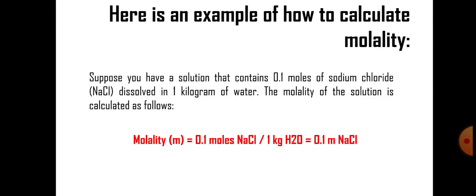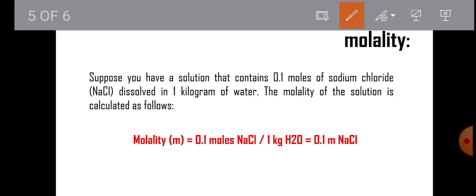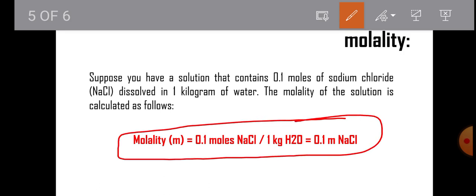Here is an example of how to calculate molality. Suppose you have a solution that contains 0.1 moles of sodium chloride dissolved in 1 kilogram of water. The molality of the solution is calculated as follows. Here comes the formula, right? Molality can be calculated as number of moles of solute by kilogram of solvent.